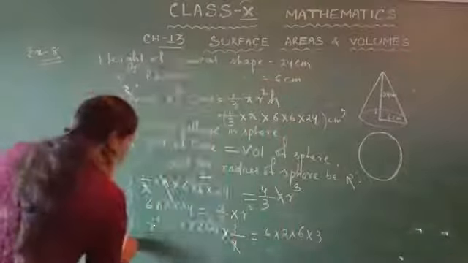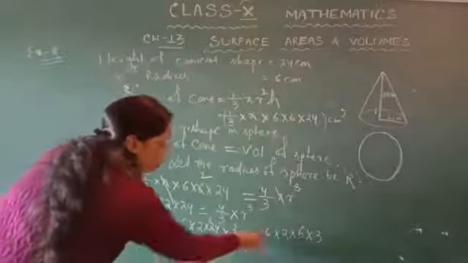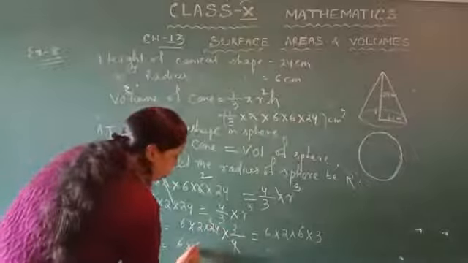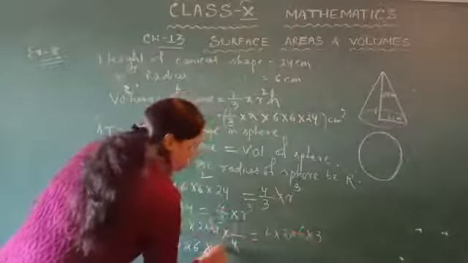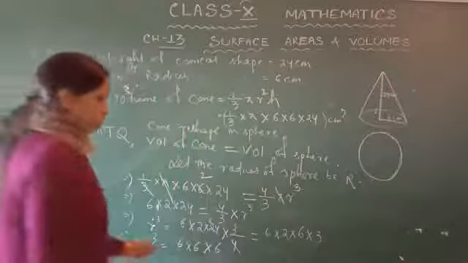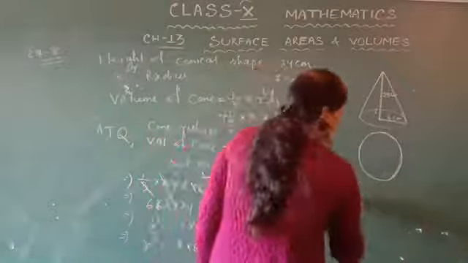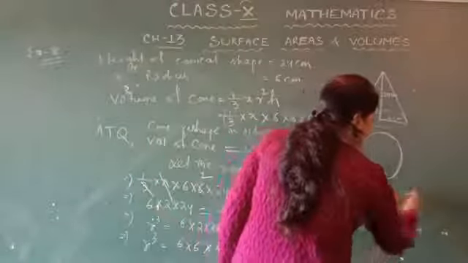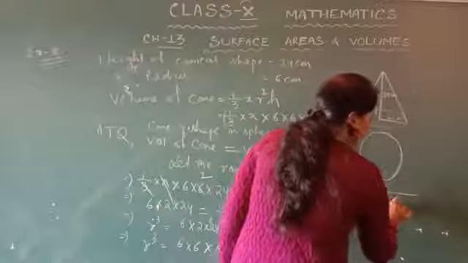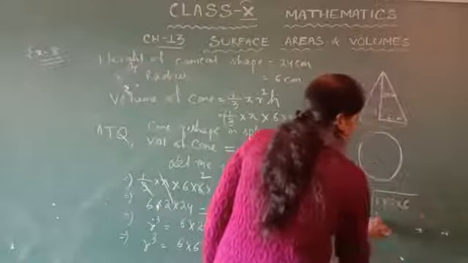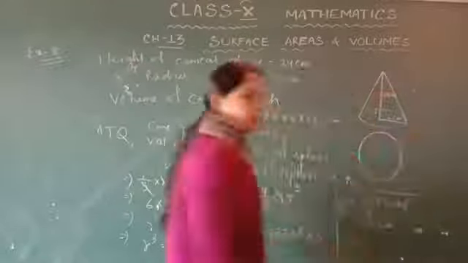So this implies r cube is equal to 6 into 6 into 3 into 2, that is also 6. Then this implies r is equal to the cube root of 6 into 6 into 6. So that is 6 centimeters.